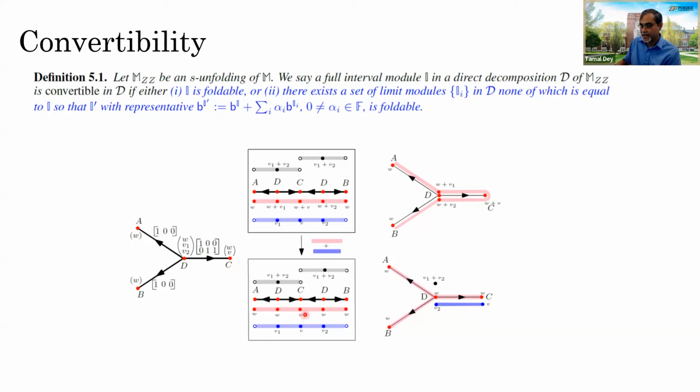So at this point, the algorithm will determine the rank is 1. And here is the picture: the red module has been folded back to a full module in the original module M, and this blue one is an interval module in the original one, but it's not a full module.